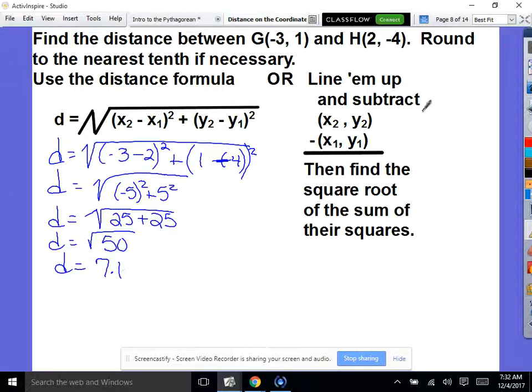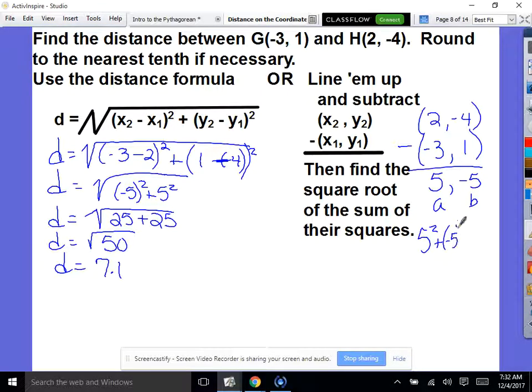It's the same thing. So we're going to start with x2, y2. So that's (2, -4) minus (-3, 1). 2 minus -3 is the same as 2 plus 3. -4 minus 1 is the same thing as -5. So this becomes your A and your B. 5 squared plus -5 squared equals C squared.